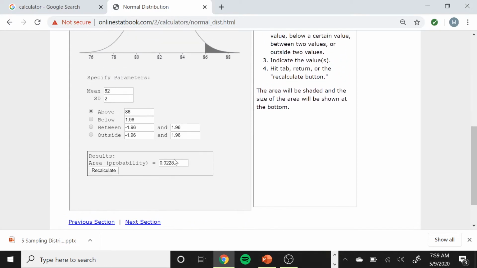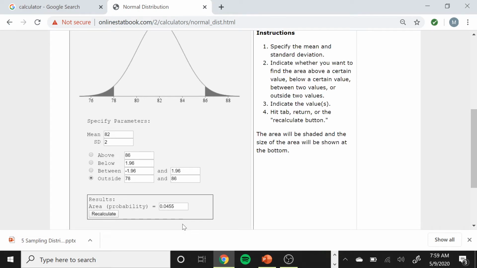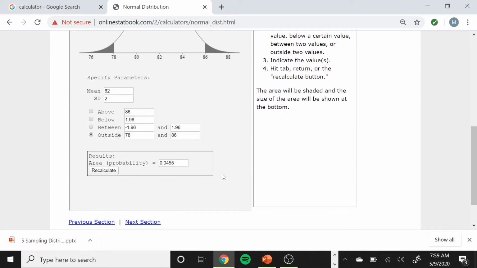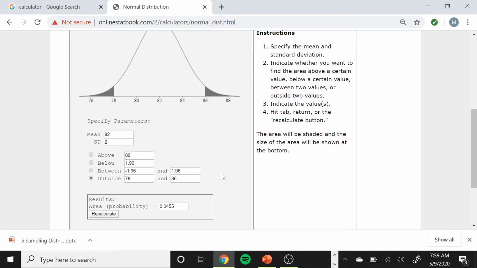And you could imagine, if we doubled that, we could do the same thing we did before, 78 and 86, to figure out how extreme it is. It's still really unlikely. So this is one of those scenarios where the chance of getting a mean of 86, if you have 16 butterflies, is pretty unlikely. It's really unlikely that would happen.